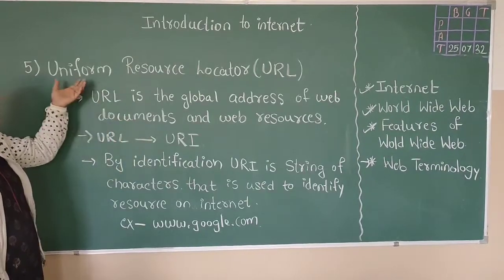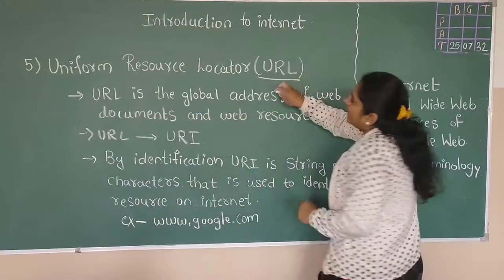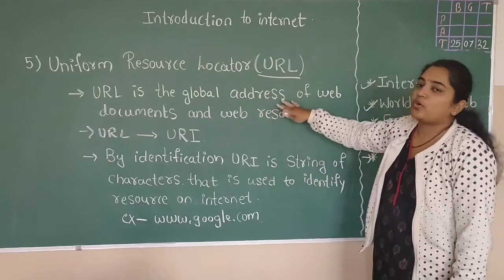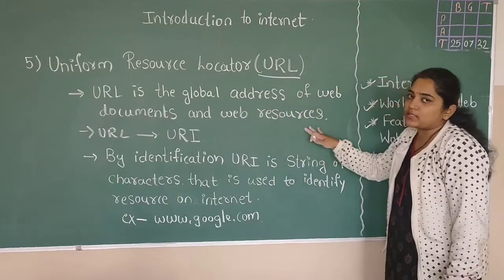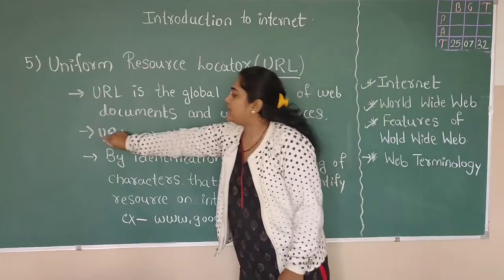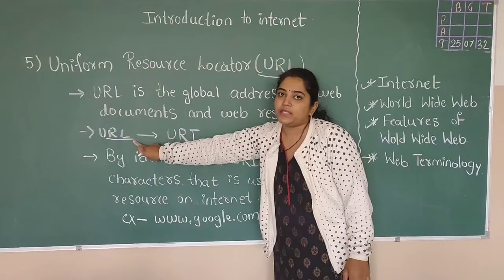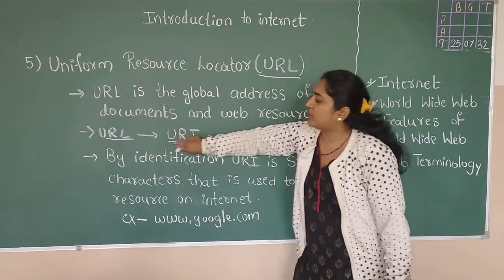So the next one is Uniform Resource Locator, URL. URL means Uniform Resource Locator. So URL is a global address of web documents and web resources. This is same as Uniform Resource Identifier. These both are same.